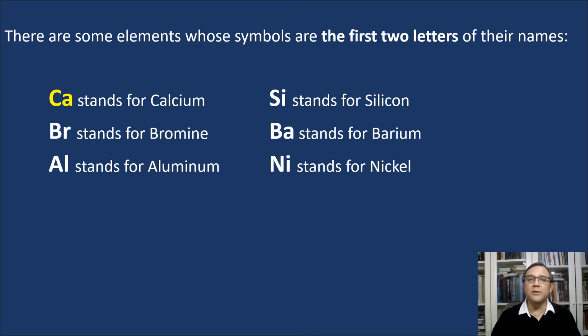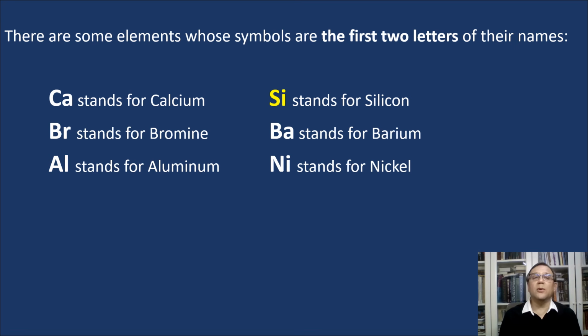Some element symbols use the first two letters of their names, like capital C, lowercase a, for calcium, from the Latin word for lime. Capital B, lowercase r, for bromine, from the Greek word for stench. Capital A, lowercase l, for aluminum, from the Latin for bitter salt.